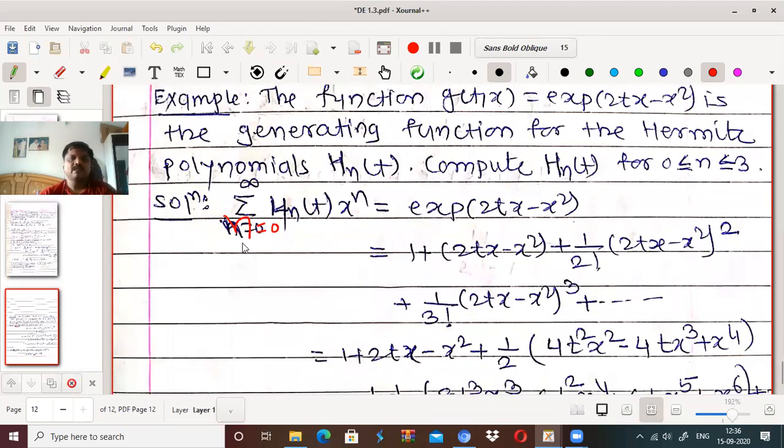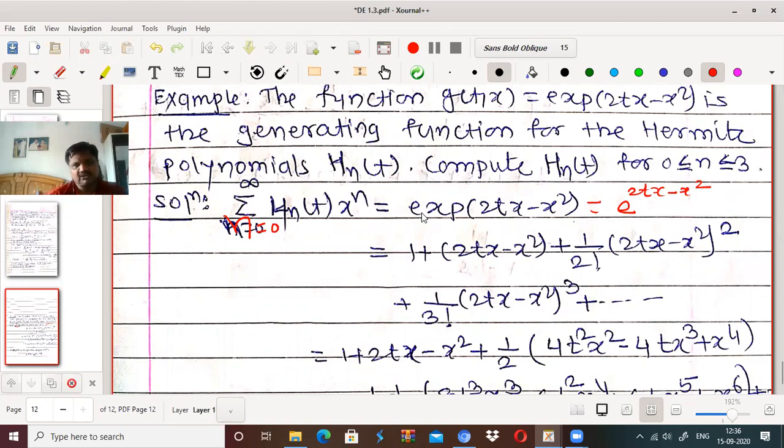Okay. So summation from n equal to 0 to infinity Hn(t) into x to the power n equals exp, which means what? It is just this term. So be careful. Exp is nothing but e to the power 2tx minus x square. Both terms are same.